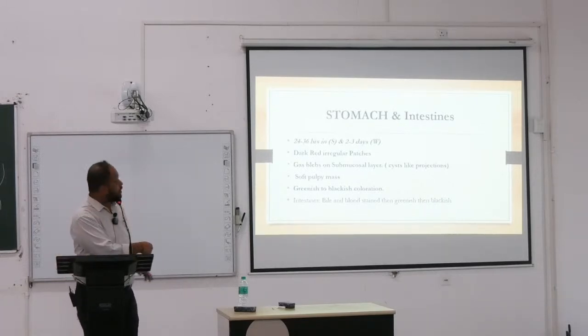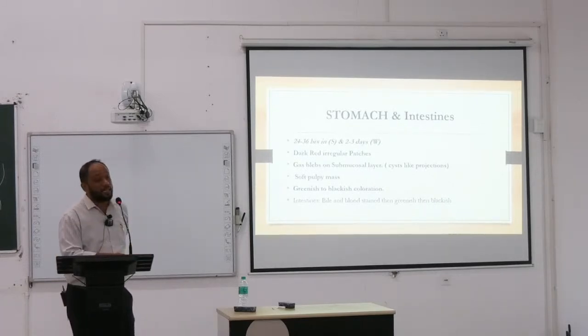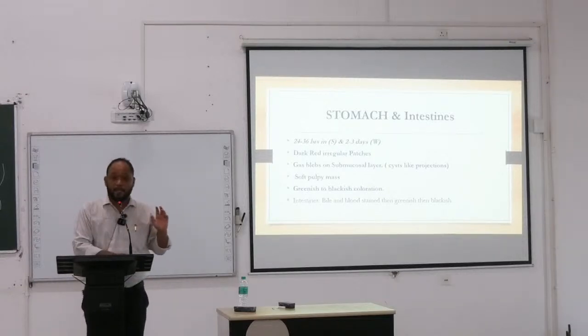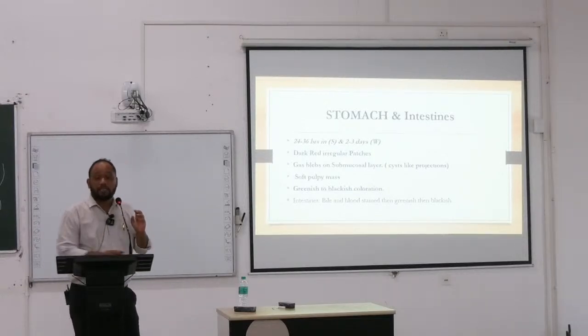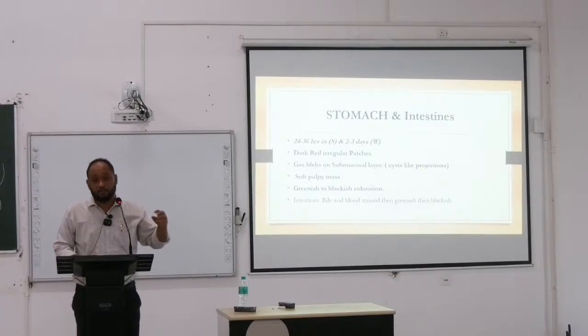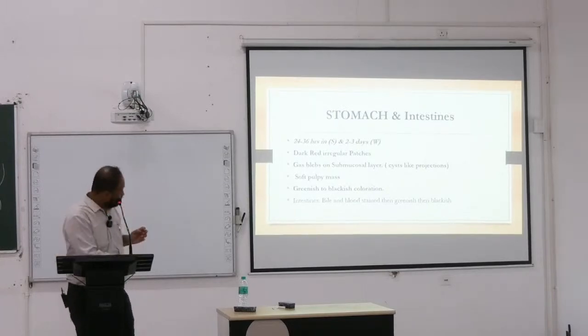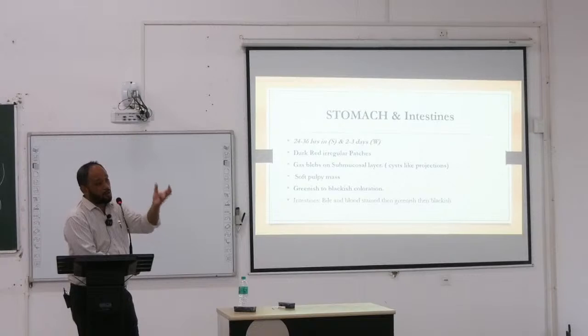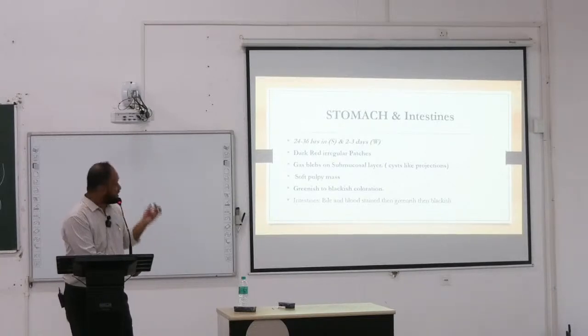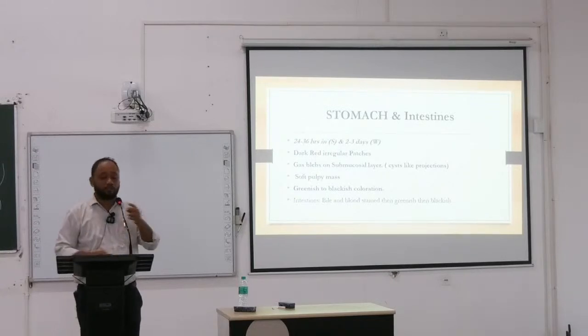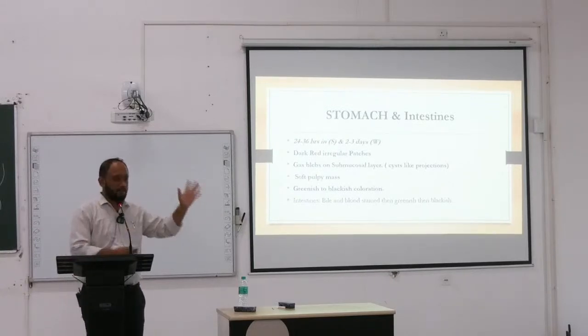In the stomach also, in the submucosal layer, gas will come and a bleb will form. How do you tell? Cystic appearance of the stomach will happen. Slowly the stomach will also become a soft pulpy mass and then greenish blackish discoloration. The intestine will be coated with bile and blood.